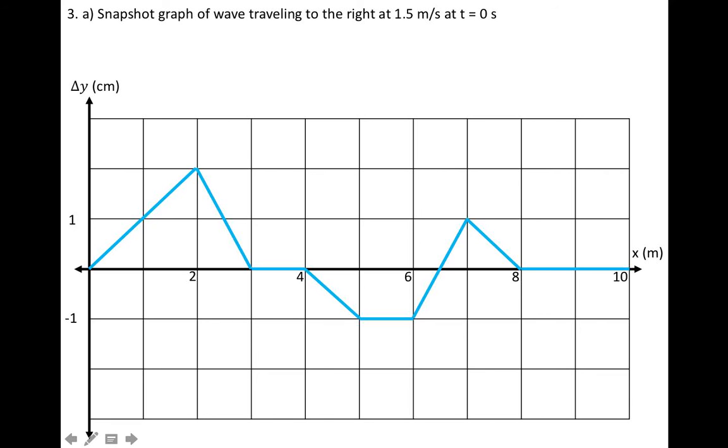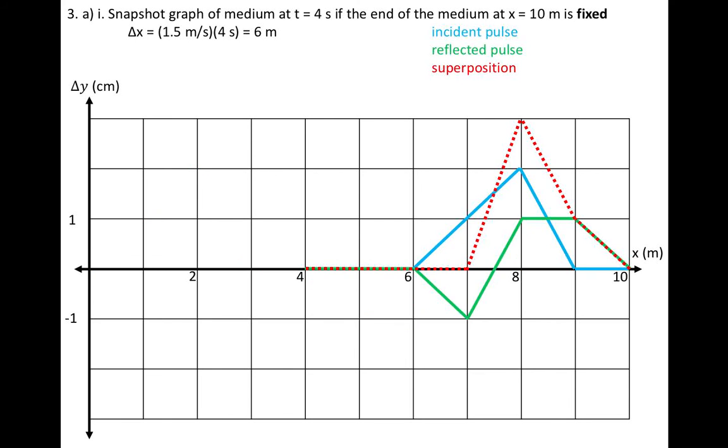We're given that the wave is traveling to the right at 1.5 meters per second, and for the second part, it gives us the medium at t equals 4 seconds. Based on the velocity and the medium that we're given, we're able to find the displacement, which is 6 meters.